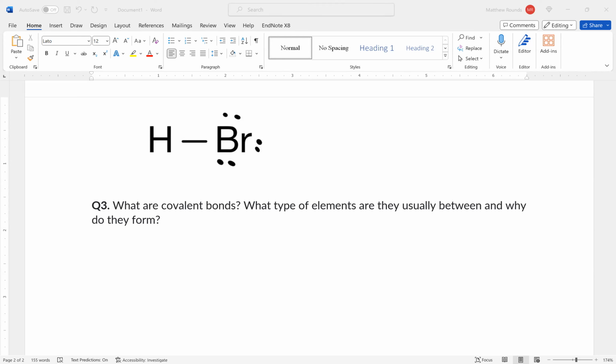Well, see, you want to say a covalent bond is. That's really how you start these things. So why don't you rewrite it that way?